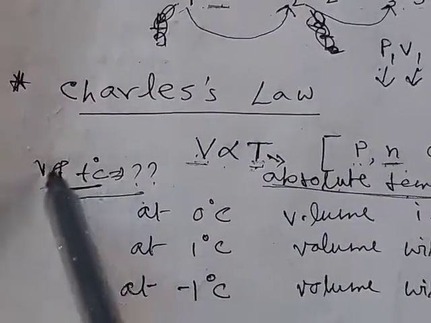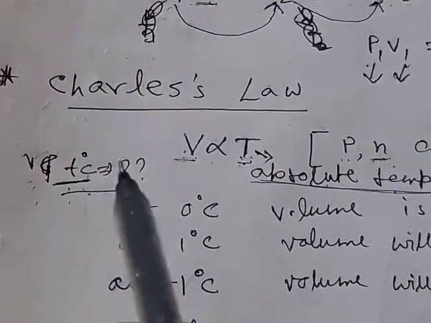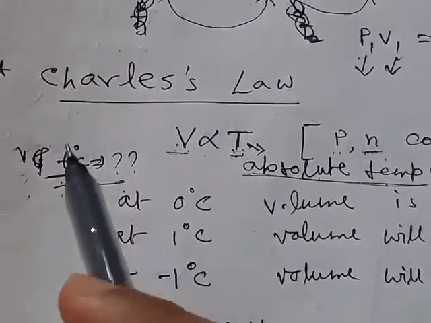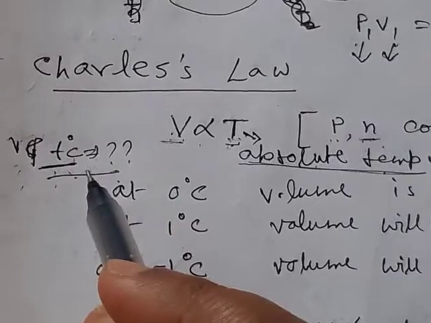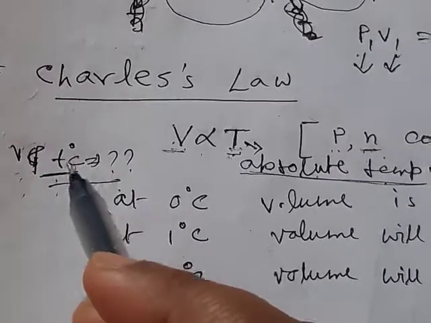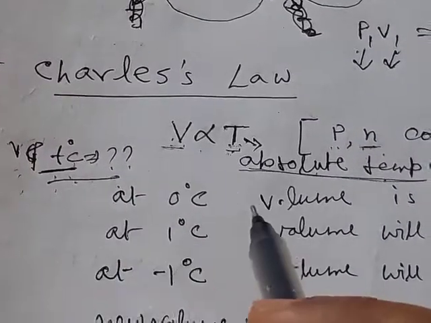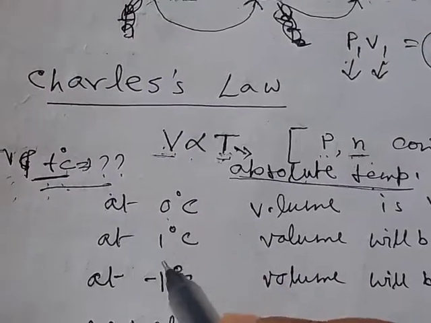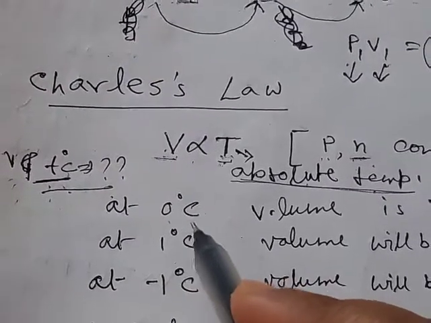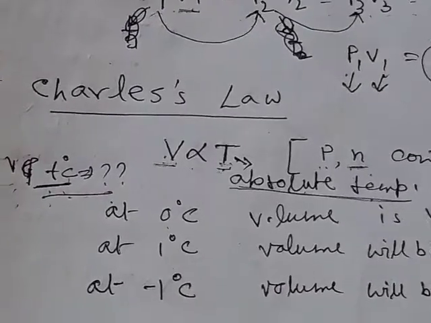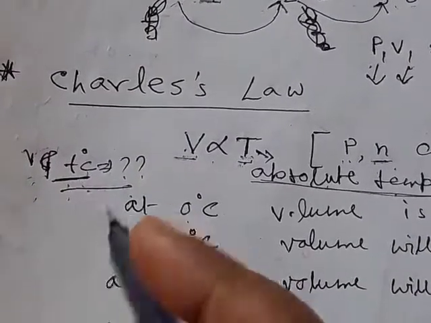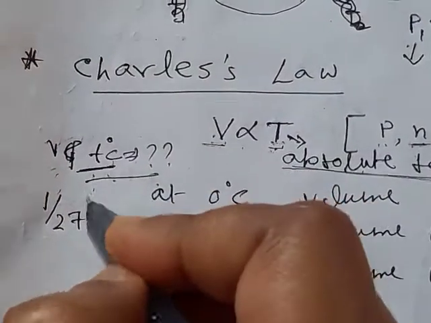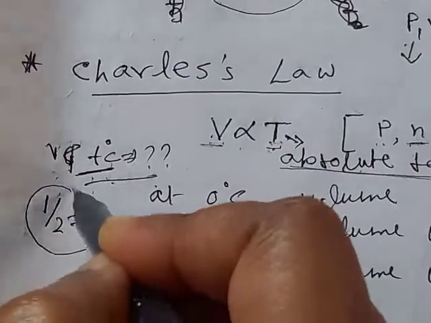Scientist Charles observed that if the temperature of a given quantity of gas at constant pressure is raised from 0 degree to 1 degree, that is raised by 1 degree centigrade, then volume will rise by 1 by 273 of its volume.